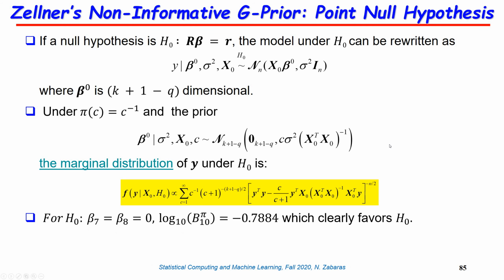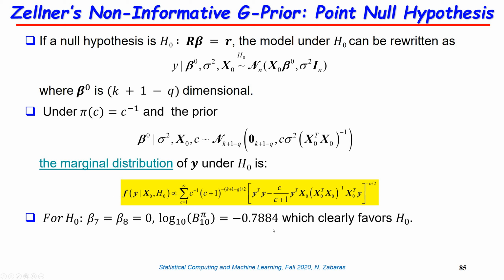So for example, if your hypothesis H0 has beta 7 and beta 8 equal to 0 constraints, so this hypothesis forces the 7th and the 8th beta parameters to be equal to 0, you can compute the Bayes factor. This is the log of the alternative hypothesis where these are not 0 versus the H0 hypothesis where beta 7 and beta 8 are equal to 0.